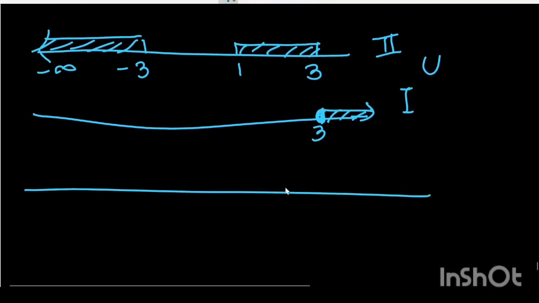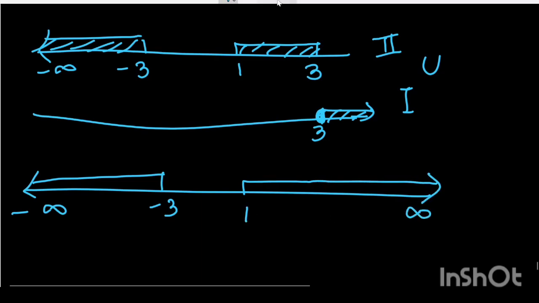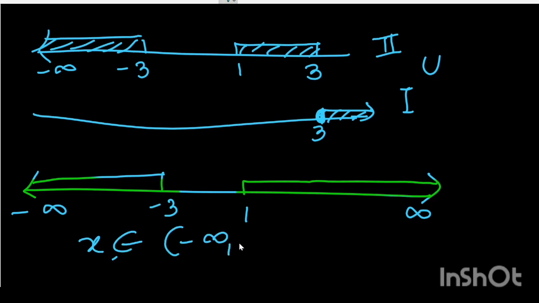Once you take the union, the answer would be minus infinity to minus 3, 1 to 3, and after that 3 to infinity. Both are joined, so it will be a smooth line from 1 to infinity. So the answer would be minus infinity to minus 3 union 1 to infinity.